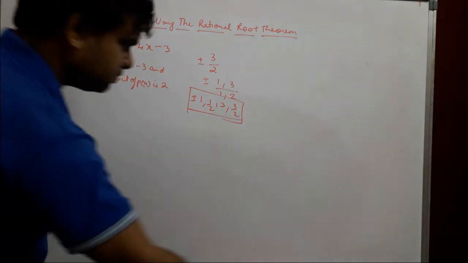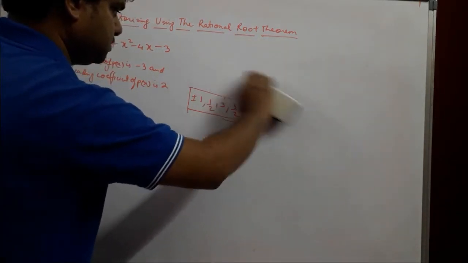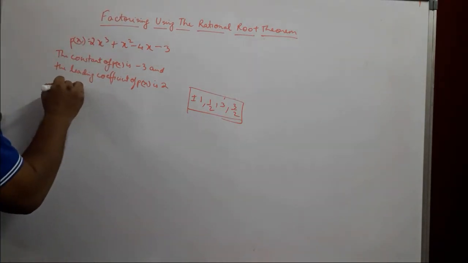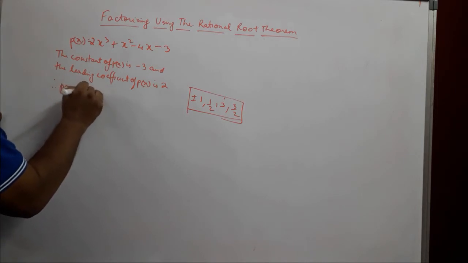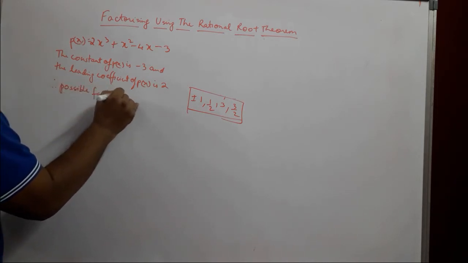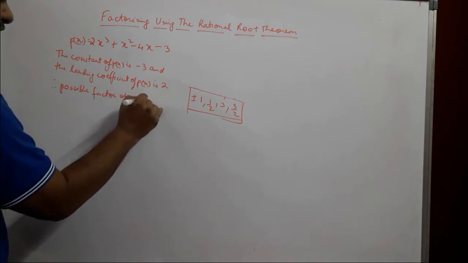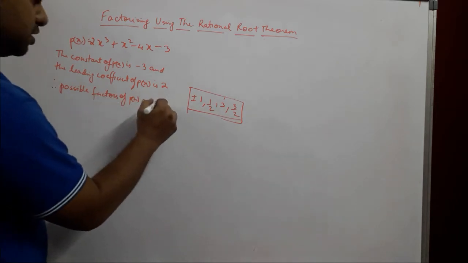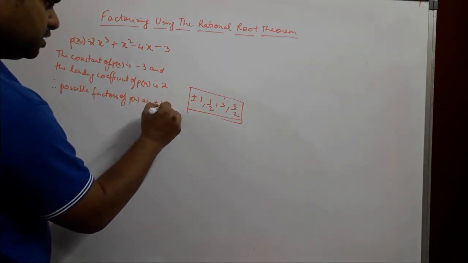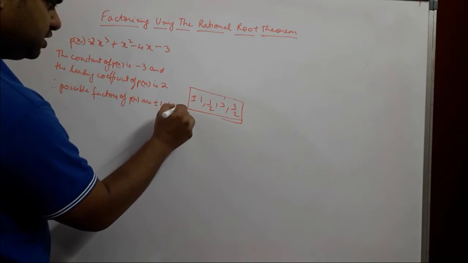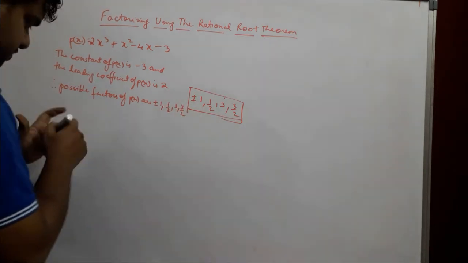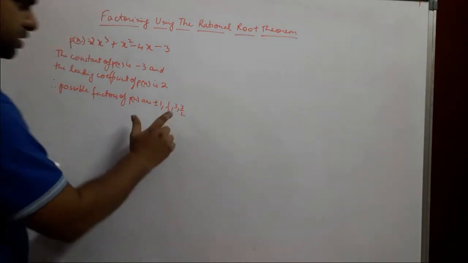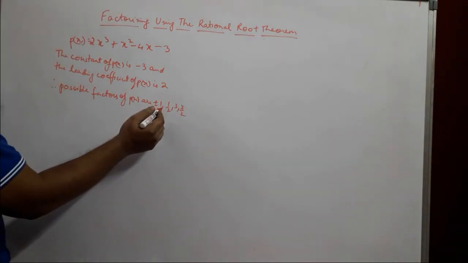I'll just erase this part out and say, therefore, possible factors of p of x are, or you can even say roots are, plus or minus 1, half, 3 and 3 by 2.